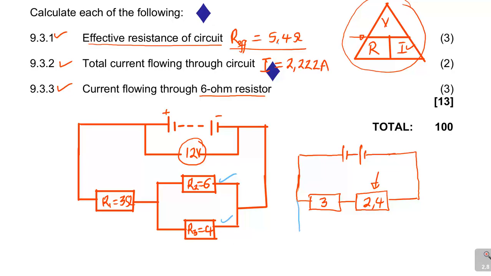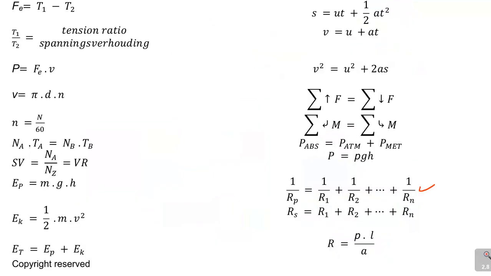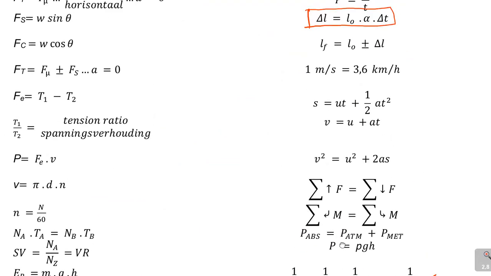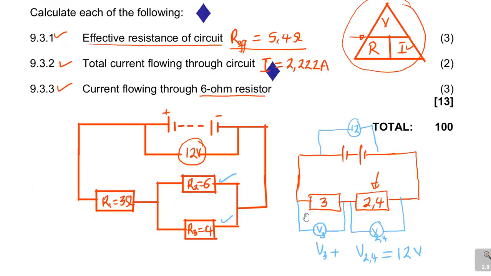When I connect my voltmeter here, my V, and connect another voltmeter, V3, meaning the voltmeter across the 3 ohm, as well as a voltmeter across the 2,4, then when I add V3 plus V2,4, I must get the total voltage, which is 12 volts. There is no formula for that, but remember it.